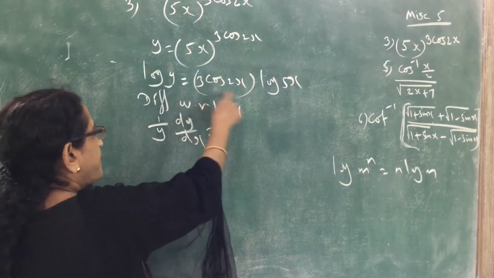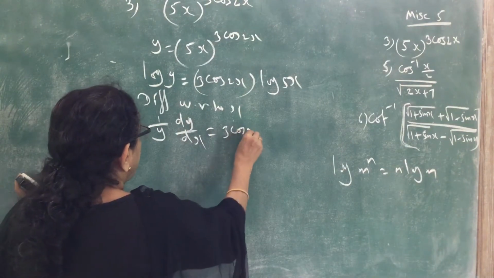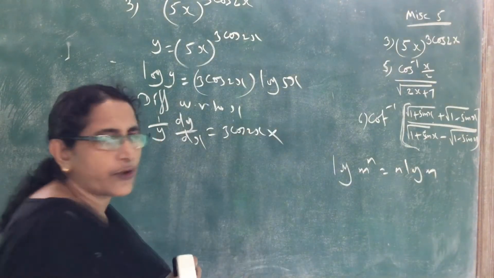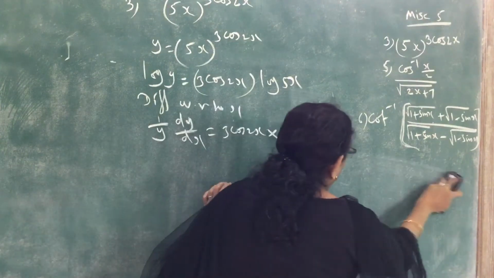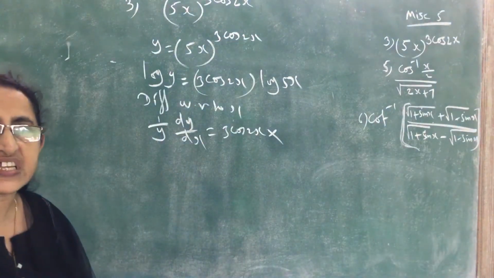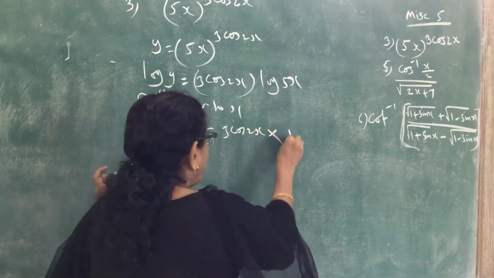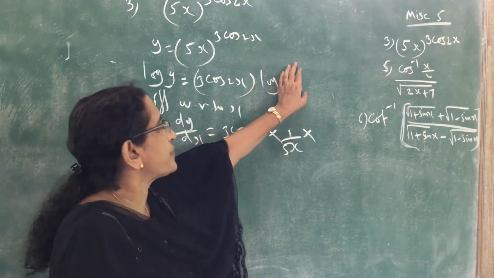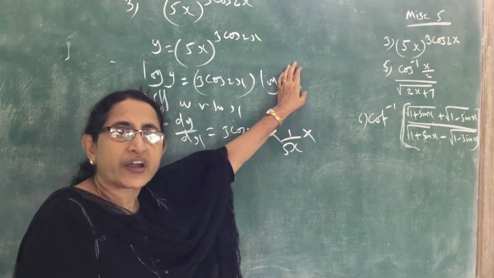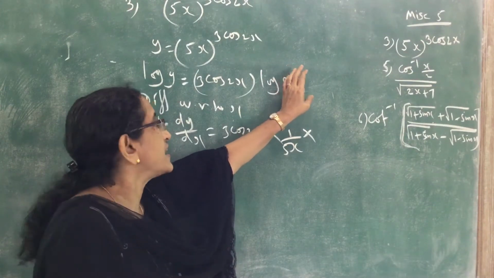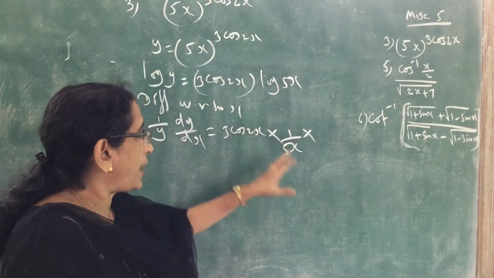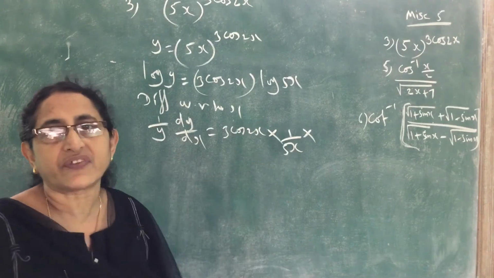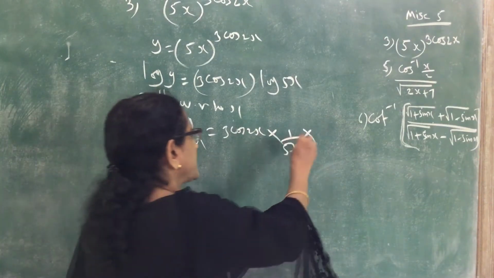So we have first function 3 cos 2x into derivative of log 5x. Derivative of log x is 1 by x, so derivative of log 5x is 1 by 5x into derivative of 5x, because in the place of x it is 5x. So we write 1 by 5x into derivative of 5x, that is 5.